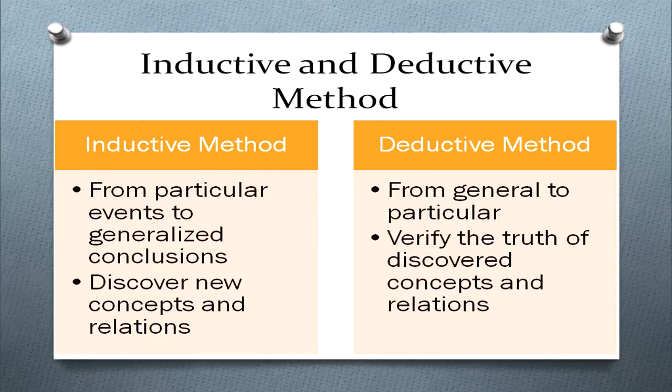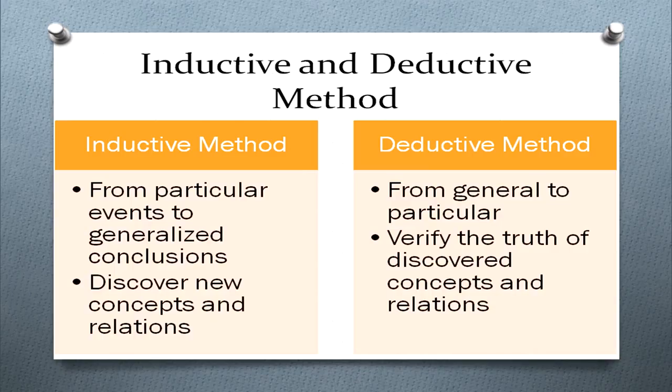Opposite to this is deductive method, where rather than from particular to general, we move from general to particular. In this case, if I am a teacher who will use a deductive method, with the same example, if I had to teach children the same properties of an isosceles triangle, I would simply tell children, state the truth that in a given triangle, if two sides are equal, then their opposite angles are also equal.